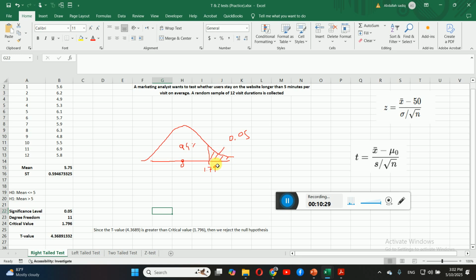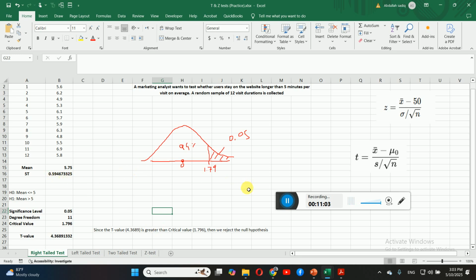It means the p value here is less than 0.05. If the t value is in this critical region, we reject the null hypothesis, but if it lies in the confidence interval, we cannot reject it. Since the t value 4.3689 is greater than the critical value 1.796, we are rejecting the null hypothesis, dear students.